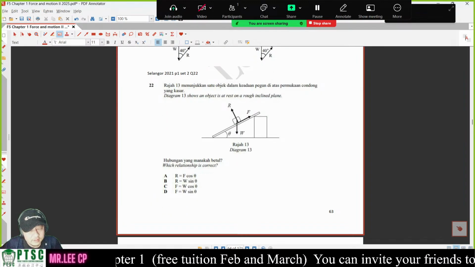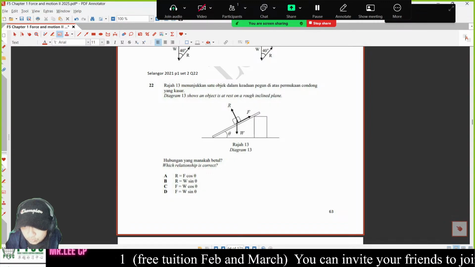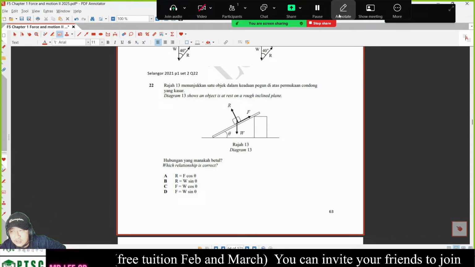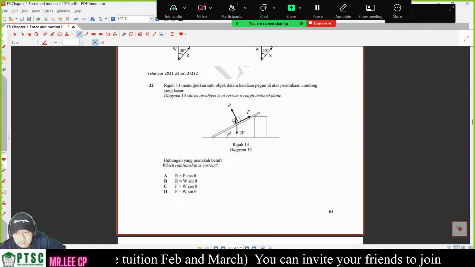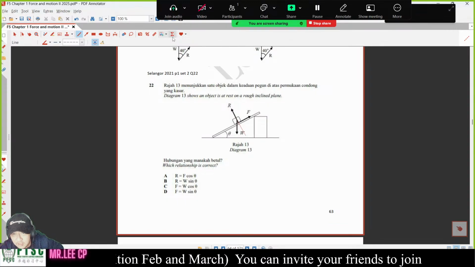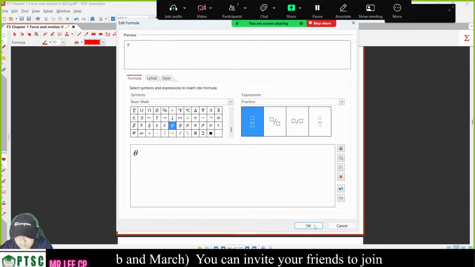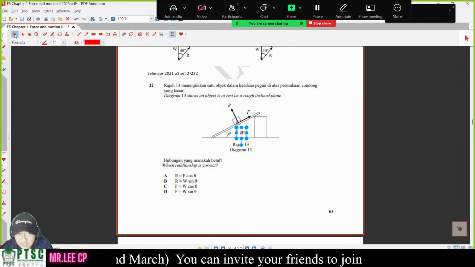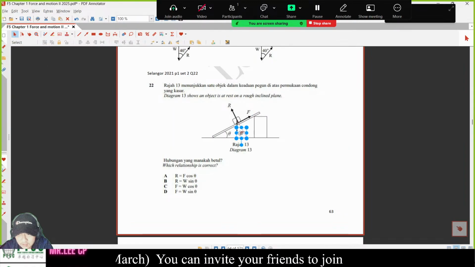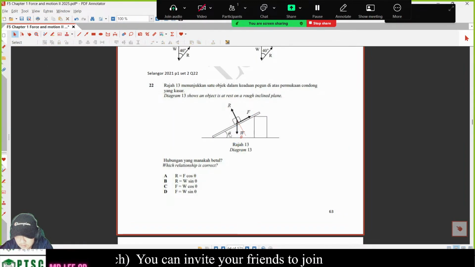Alright, question number 22. Which relationship is correct? Okay. So you label all the forces in first. Here is theta. Yeah, this one is theta.